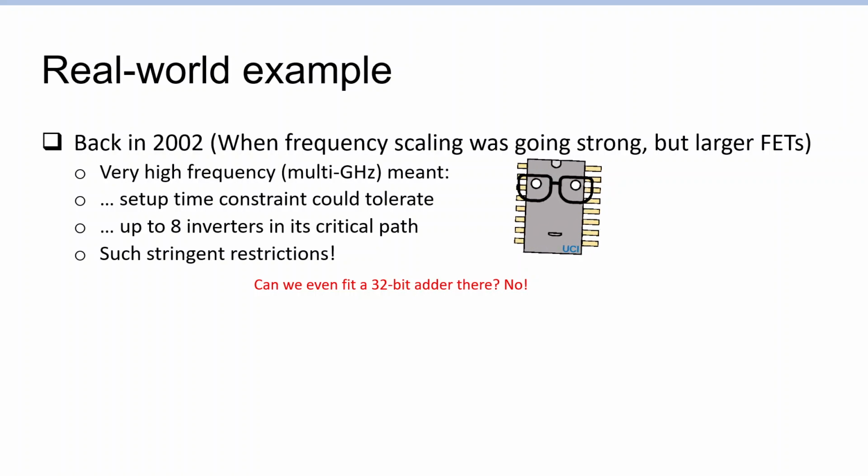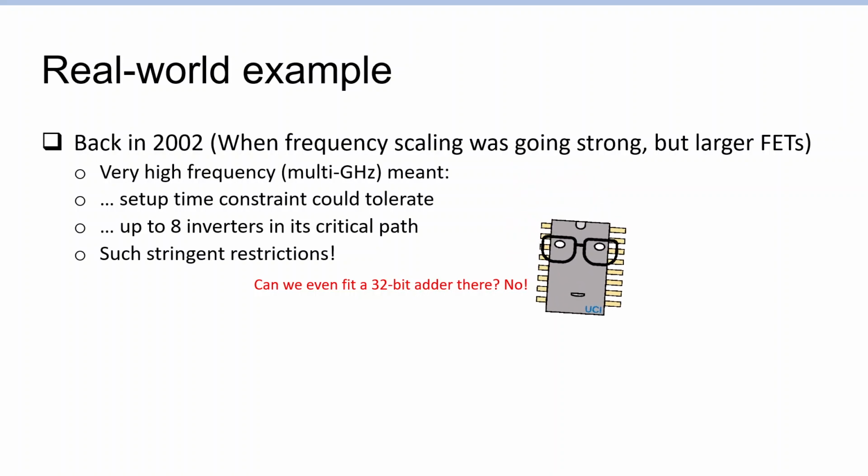So at every clock cycle, the critical path, the depth of the circuit, could be up to 8 inverters. This is such a stringent restriction. We really cannot even fit a single 32-bit adder into this restriction. So a lot of tricks needed to be played to have a working processor design within such critical restrictions.